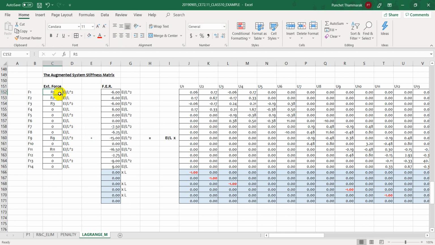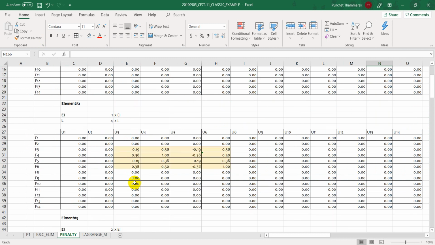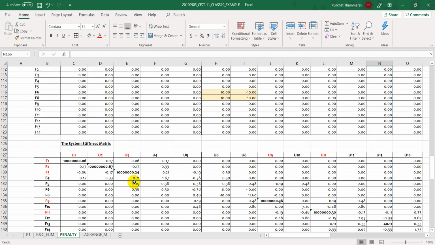We never do this. When we work on the penalty method, you don't have that external force vector like this, because the external force in your penalty method is taken care of by the spring.